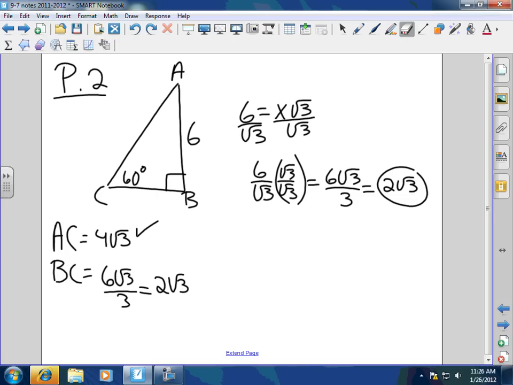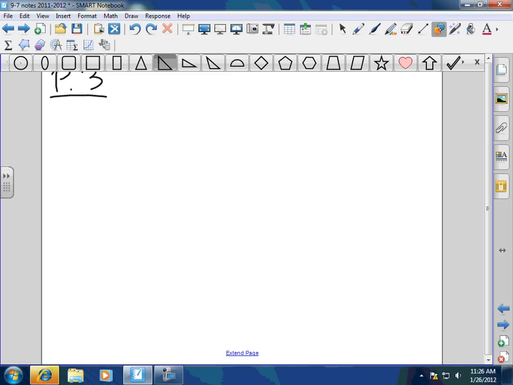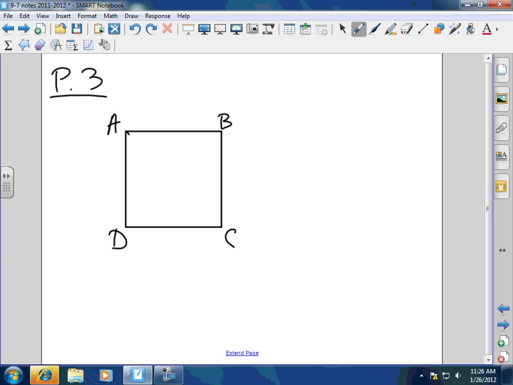Okay. Now, let's do another one. What if I give you a square, and I say this is A, B, C, D. I make a diagonal. And I say this is 9. I want to find DC.